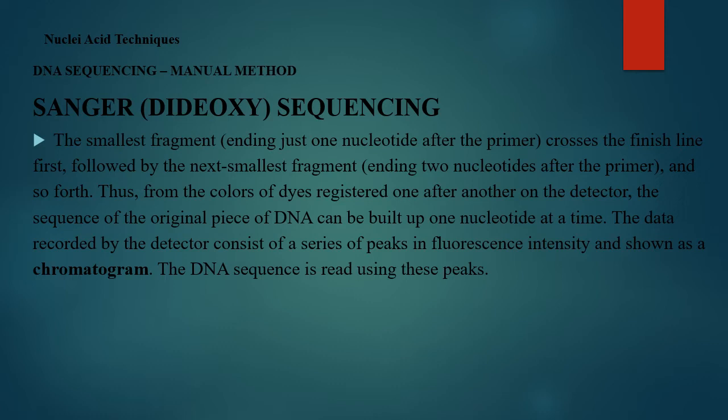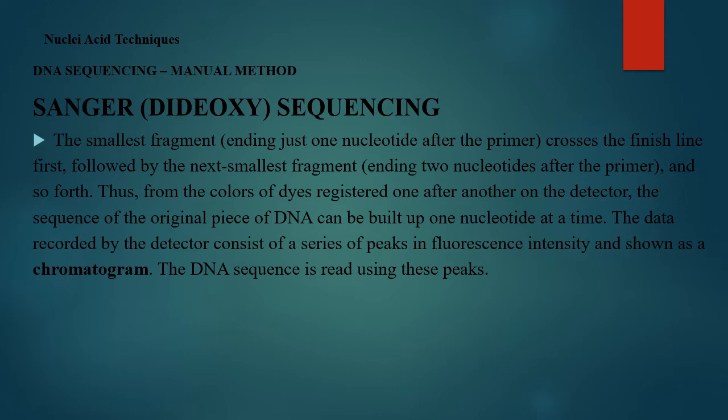Then the next one will be the one that has just two nucleotides more, in that order. So thus, from the colors of dyes registered one after another on the detector, the sequence of the original piece of DNA can be built up one nucleotide at a time.